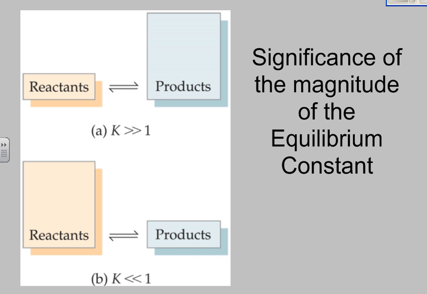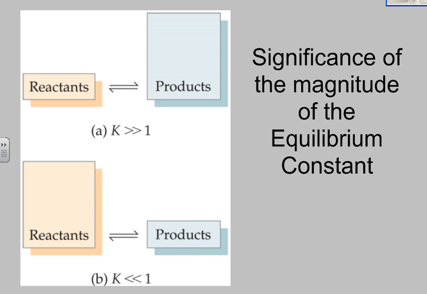So we have a couple of final points. The first one is that the magnitude of the equilibrium constant can tell us a great deal about the reaction. So for instance, in the top example here, an equilibrium where most of the matter is going to lie on the product side would give us an equilibrium constant, a K value that's much greater than 1.